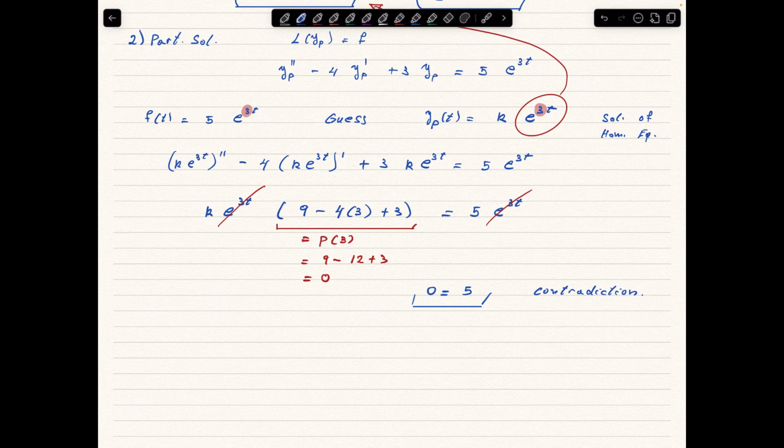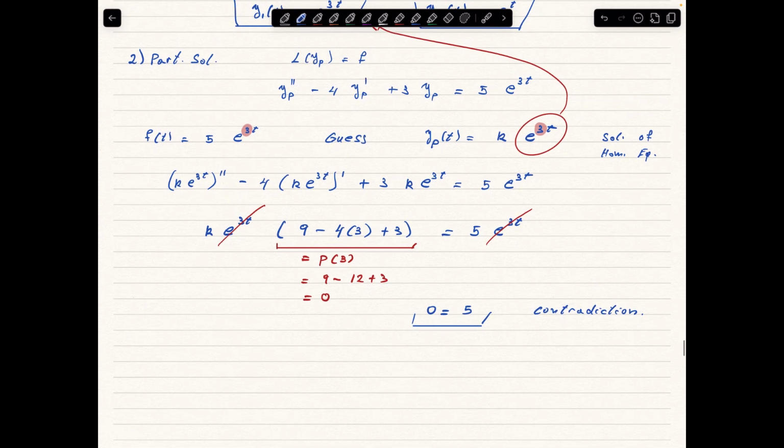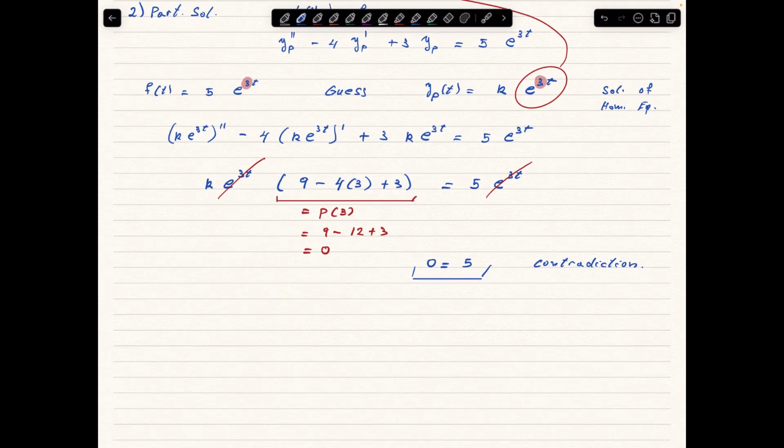Well, the contradiction comes from assuming that this is a solution, because this is not a solution. So the problem is that yp, that we chose to be of the form exponential 3t times a constant, is not the solution. This is the wrong guess.